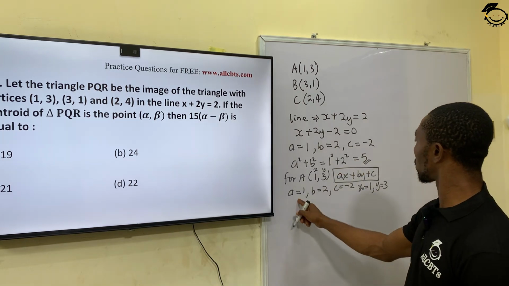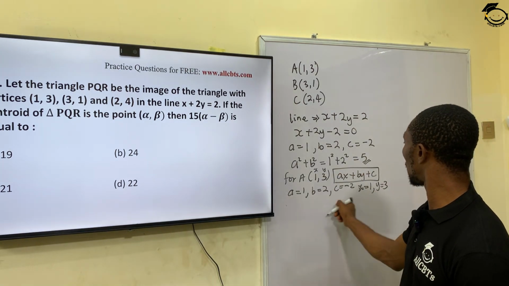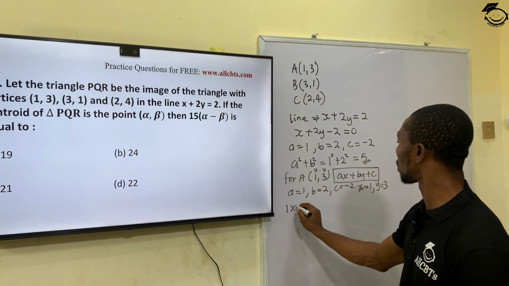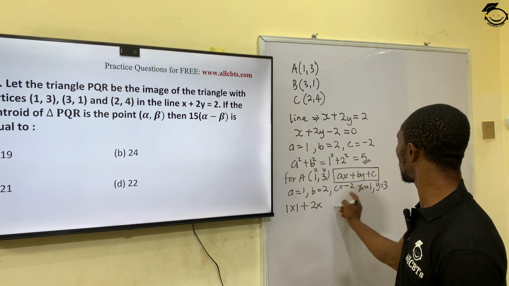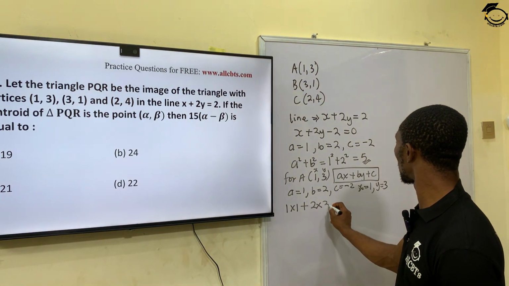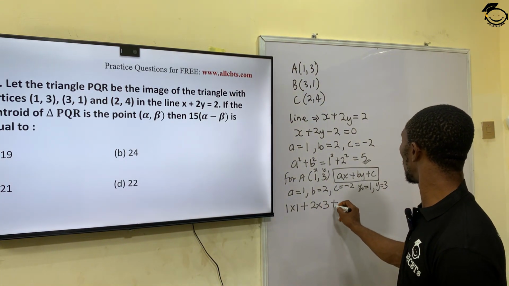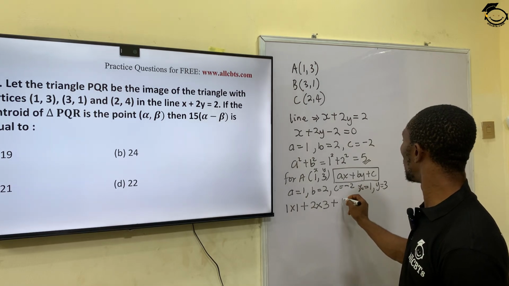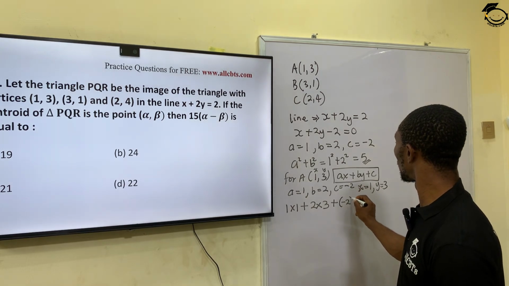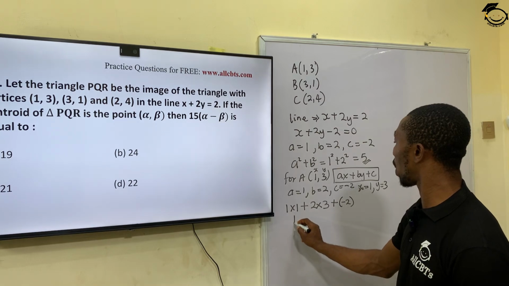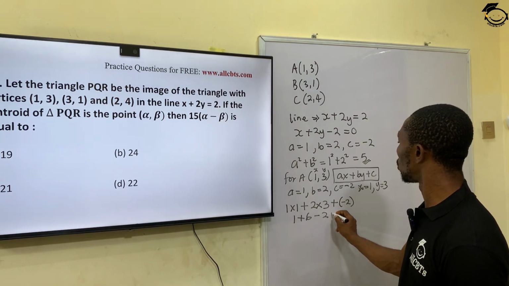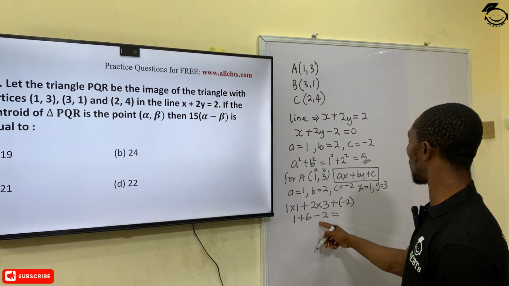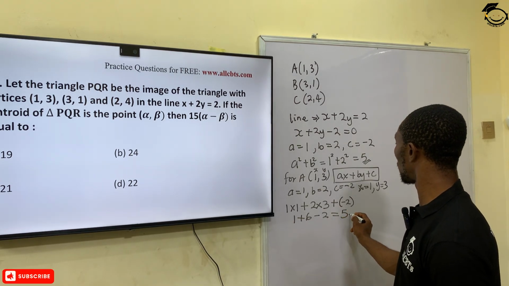So applying this into the expression, we have a is 1 times 1 plus 2 times 3 plus minus 2. So this will give us 1 plus 6 minus 2. 1 plus 6 is 7, minus 2 will give us 5.